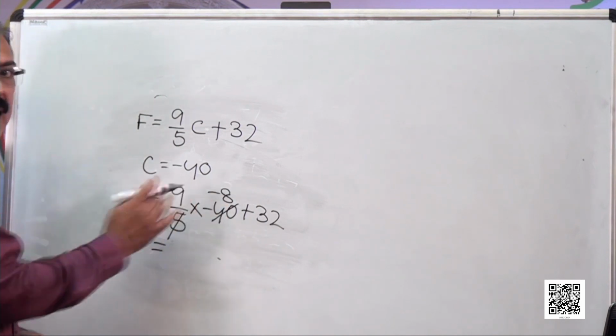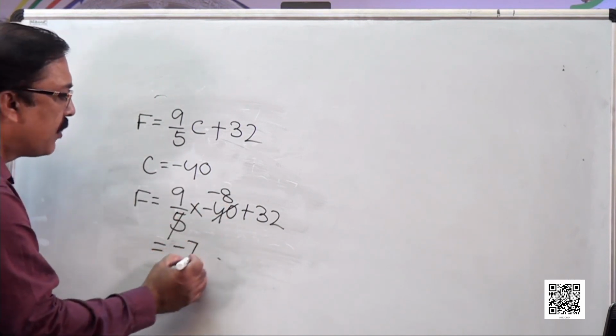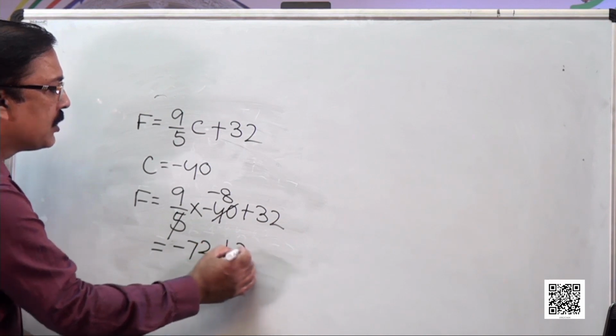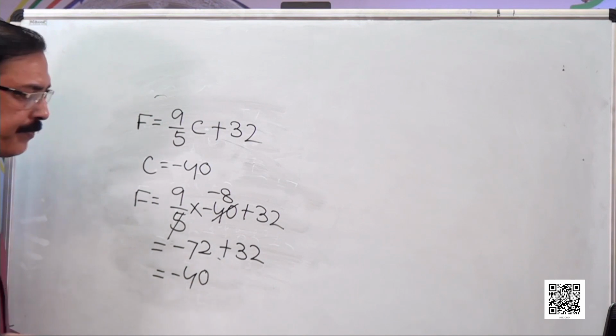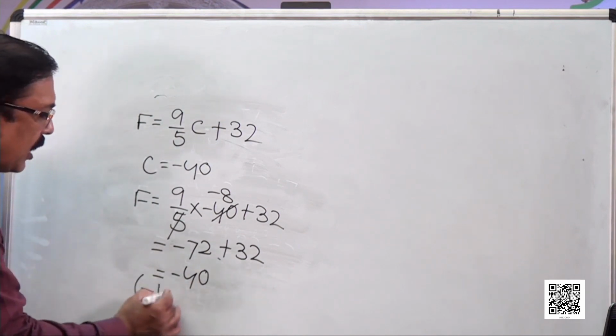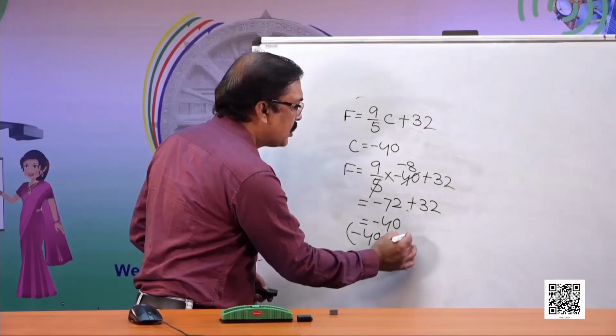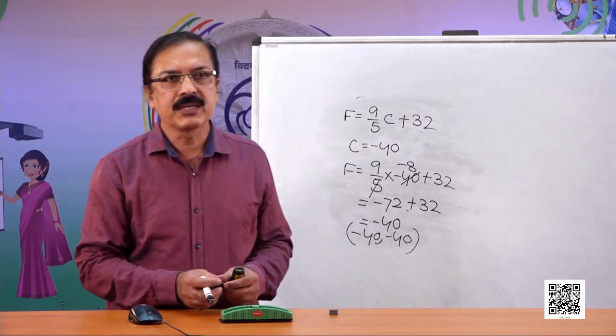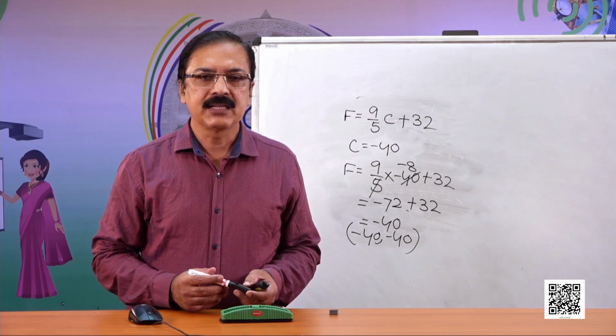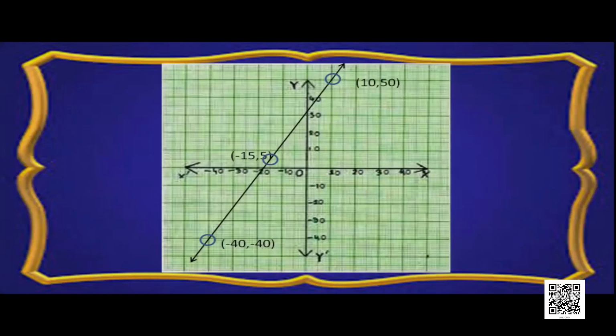So 9 into minus 8 gives minus 72, plus 32, that is minus 40. This shows that minus 40 is a solution to this equation, and at this number, minus 40, both the Fahrenheit scale and the Celsius scale are equal.